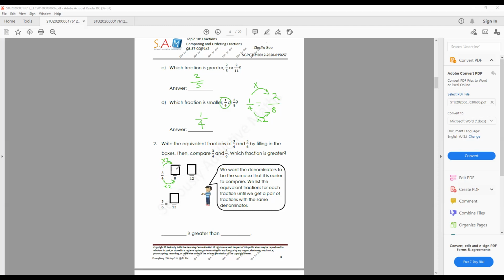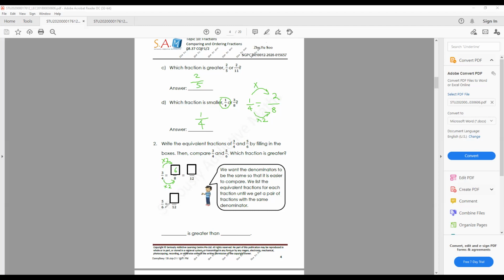That will give you 6. So 6 out of 8, you still cannot compare with 5 out of 6, because it's different. You have to make sure that they have an equivalent denominator.